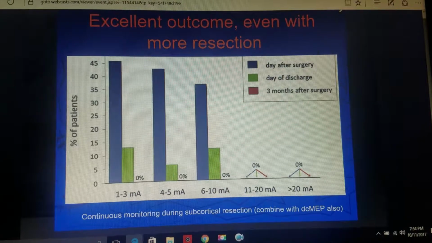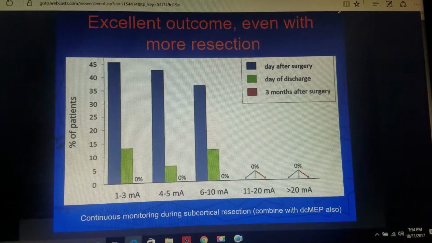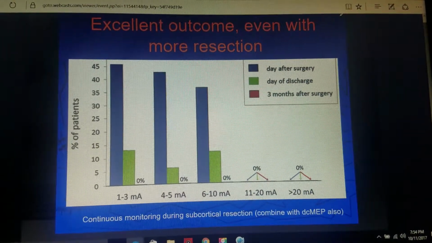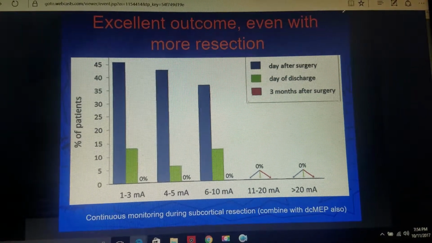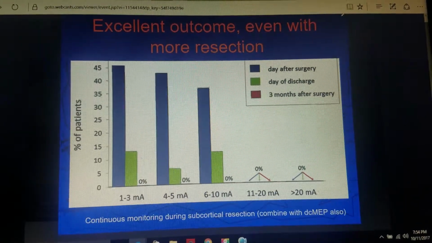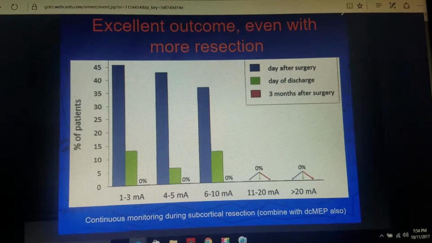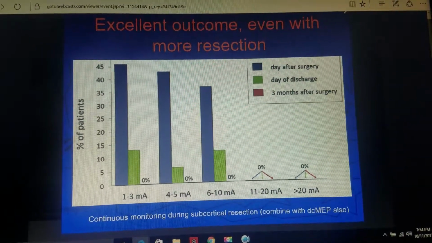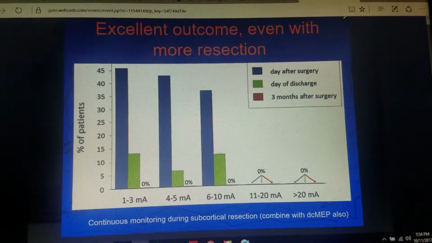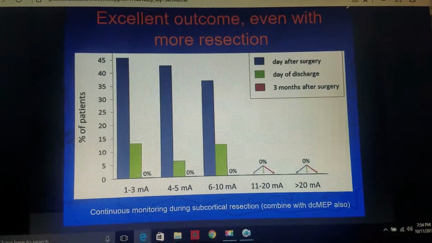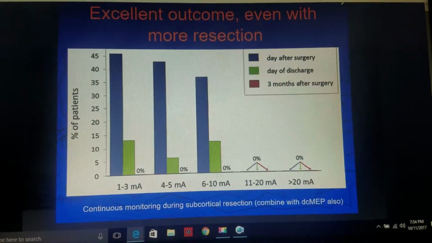And you see, on the right, when you were above 10 milliamps, there were no deficits either the day after surgery, the day of discharge, or 3 months after. But if you go all the way over to the left, the one that is the most interesting, 1 to 3 milliampere threshold, a good percentage of the patients had some deficits the day after surgery.